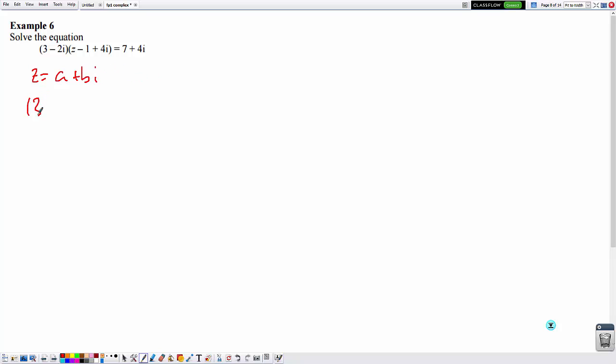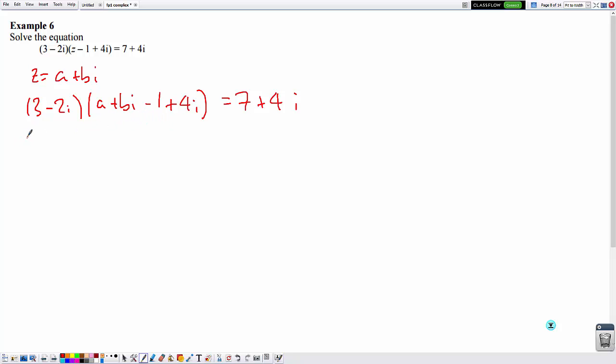So we've got 3 minus 2i, a plus bi, minus 1 plus 4i equals 7 plus 4i. Now I don't want to multiply this by all these 4 things. So what I'm going to do here to make my life a little bit easier is to gather my terms, to gather my real parts together and imaginary.